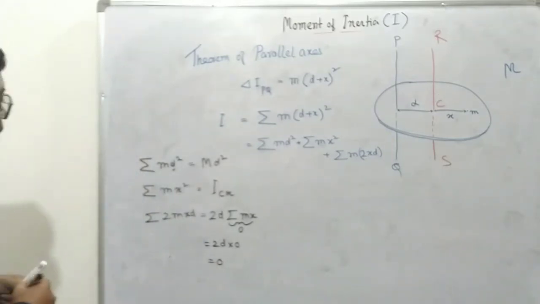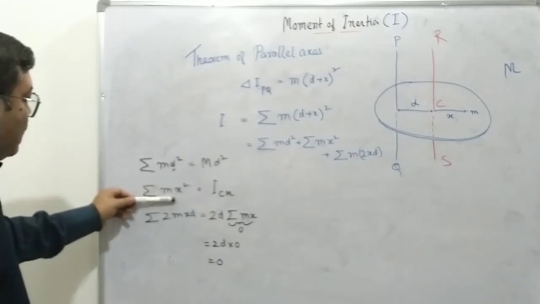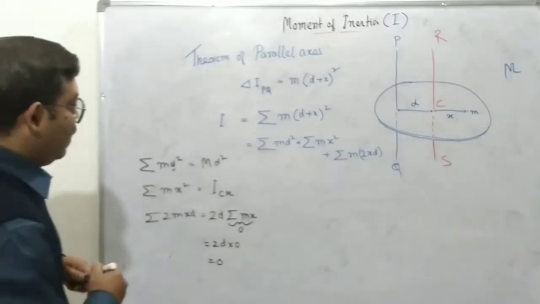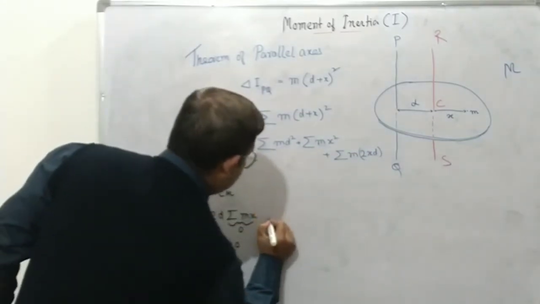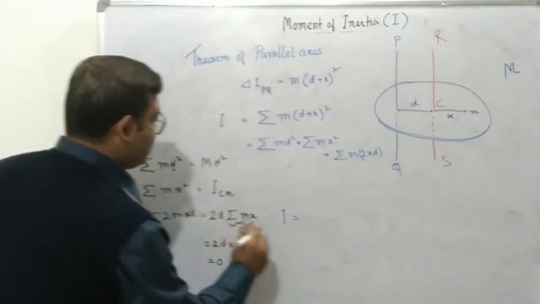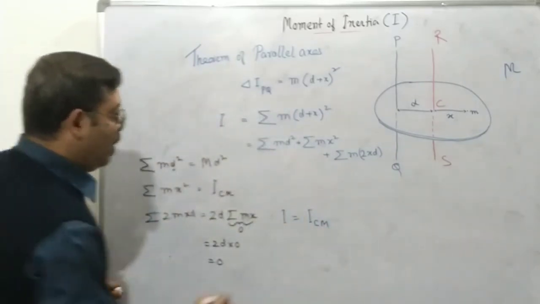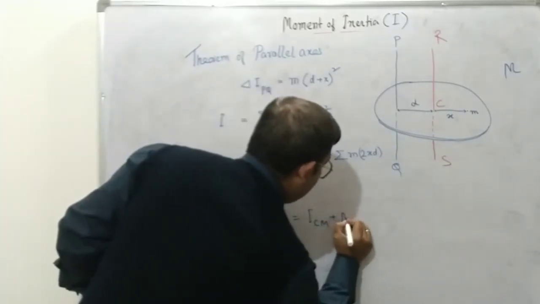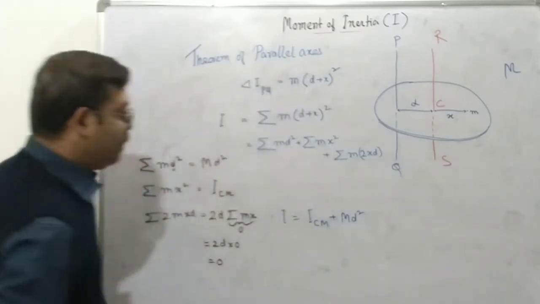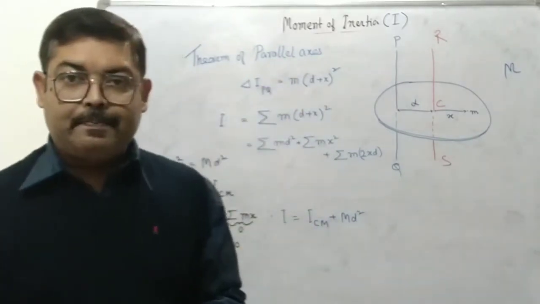So we have evaluated all the three terms, m d square, summation m x square, and this one, right? So what we get is that, therefore, I can be given as summation m x square, that is I cm, plus m into d square. This is the mathematical statement of the theorem of parallel axis.